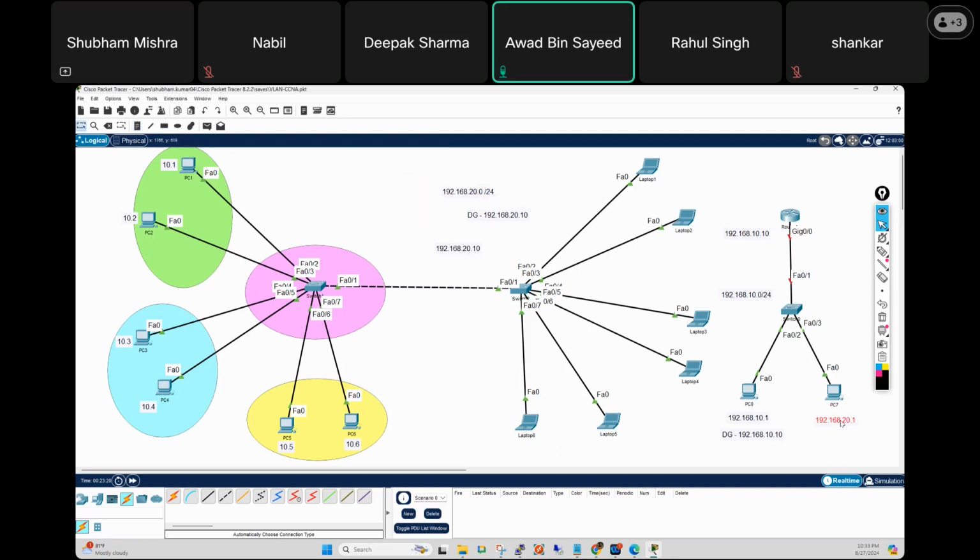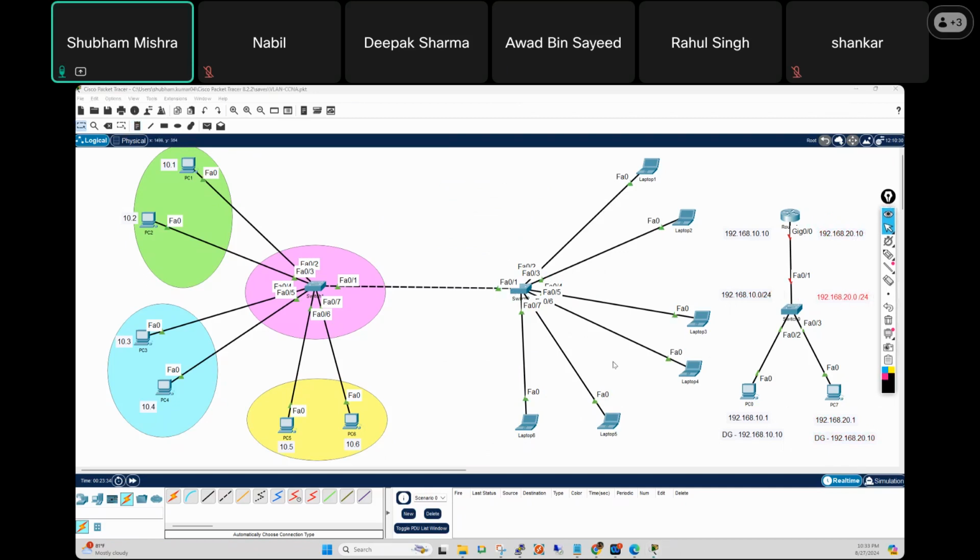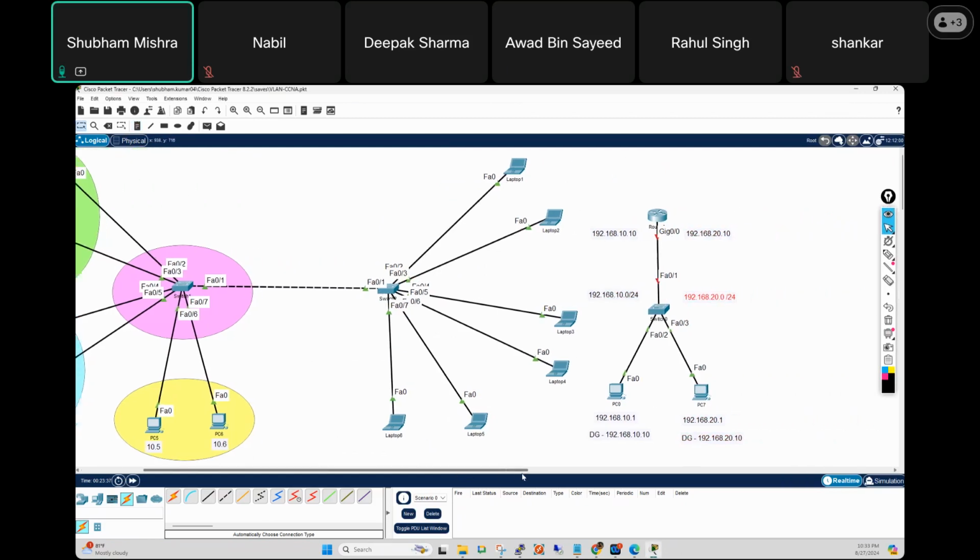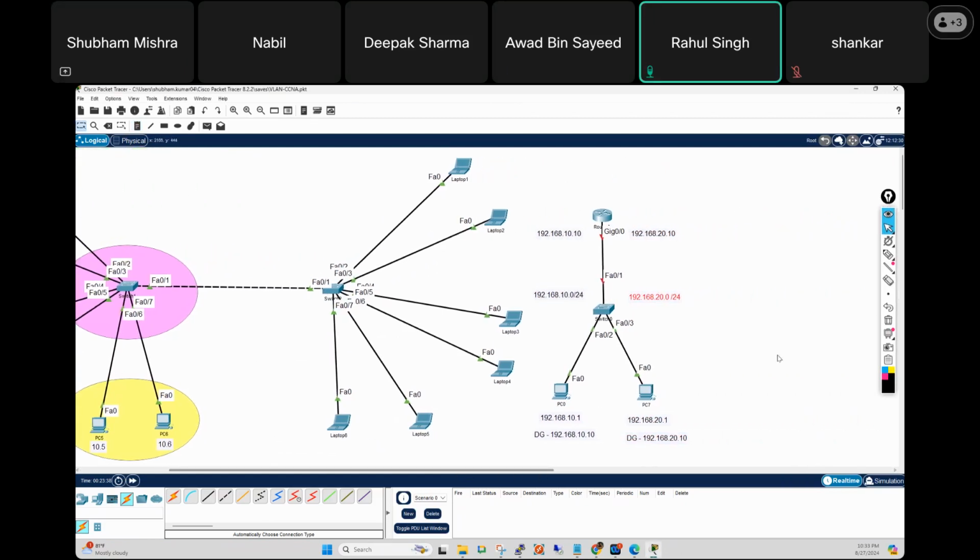So 20.1 here, default gateway is 20.10, and here I will configure 20.10, and this will be the network. This is visible, na, everyone? Yes, sir.